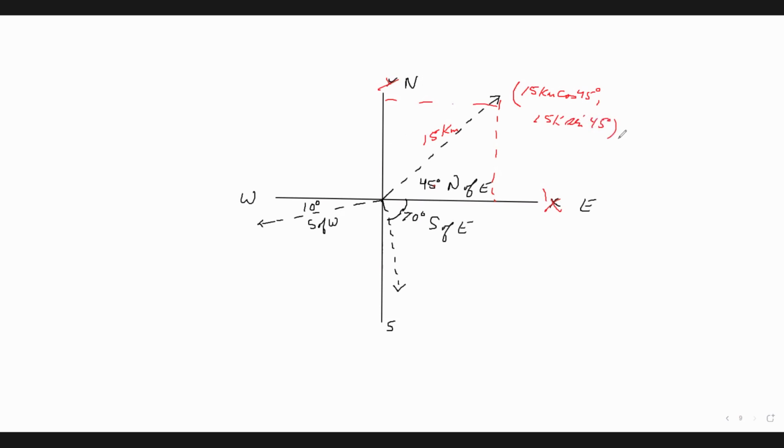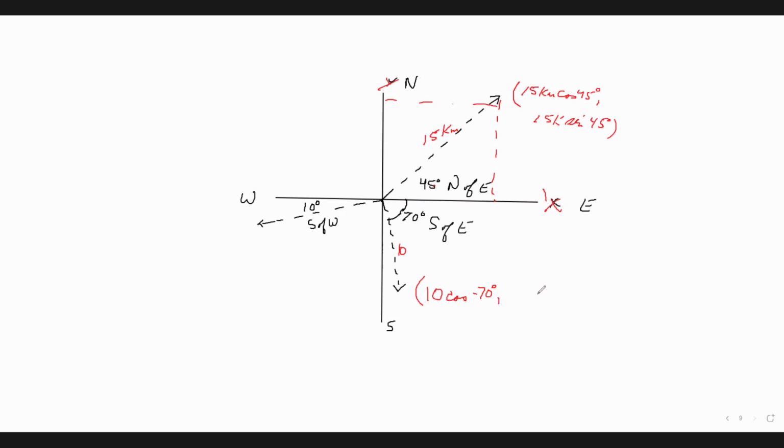What about this one down here that's 70 degrees south of east? Well, the X component here is going to be what? Well, let's say this is 10 kilometers. It's going to be 10, I'm going to suppress the kilometers, it's understood, times cosine, not of 70, but of minus 70 degrees, right? Because you're measuring that as minus 70 degrees.